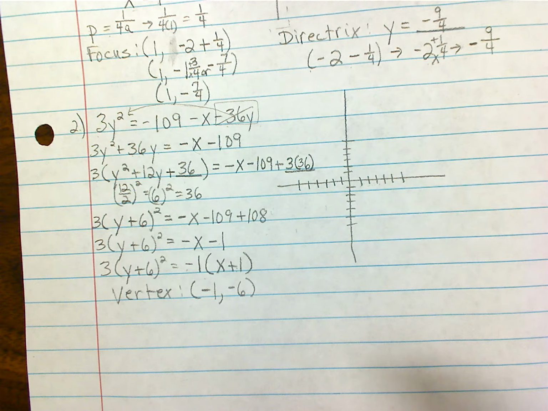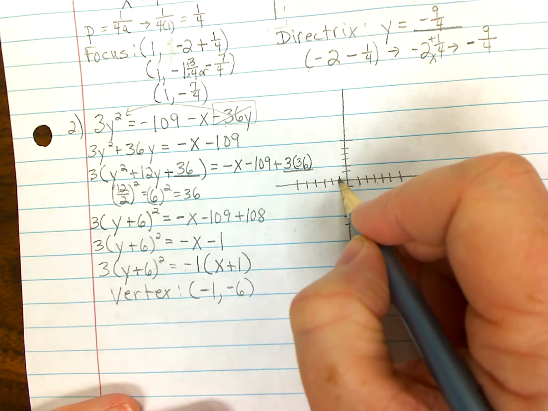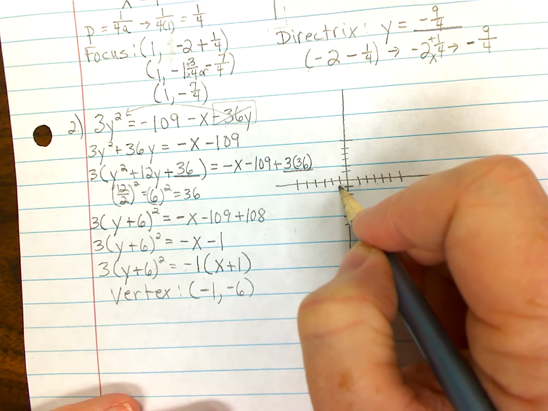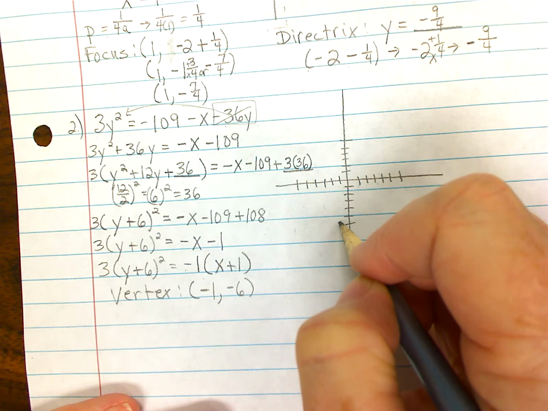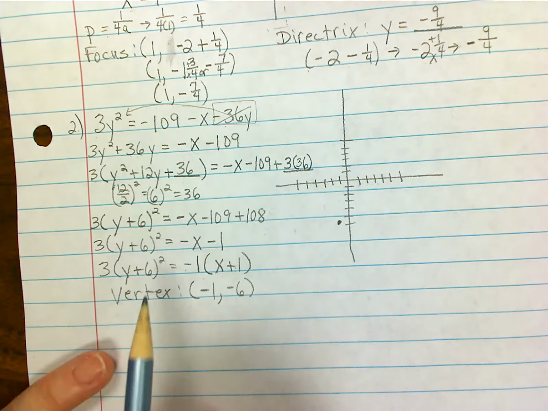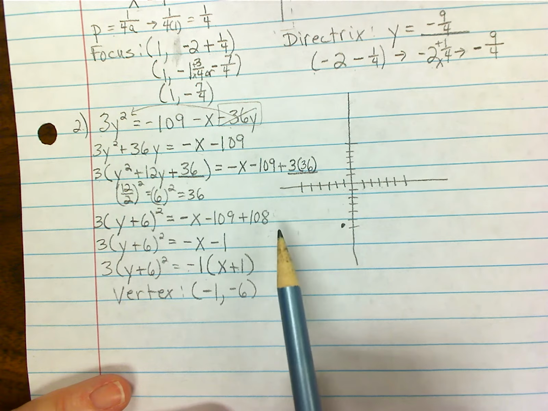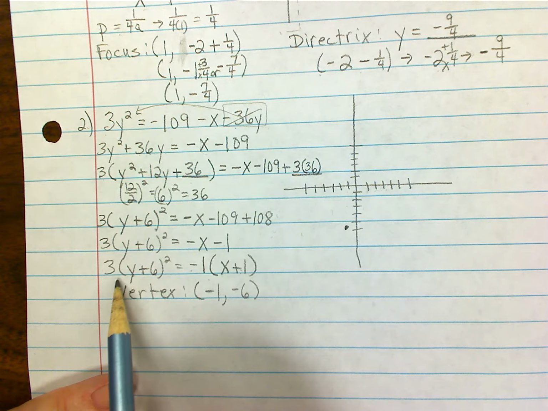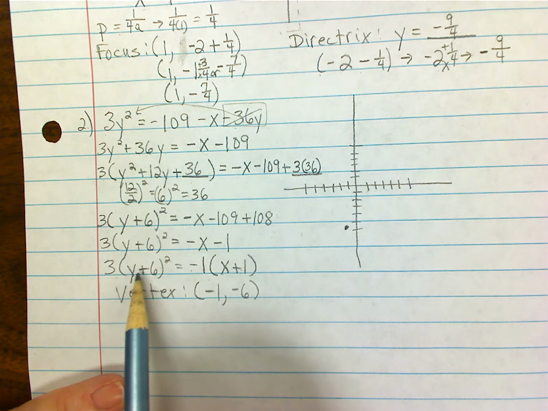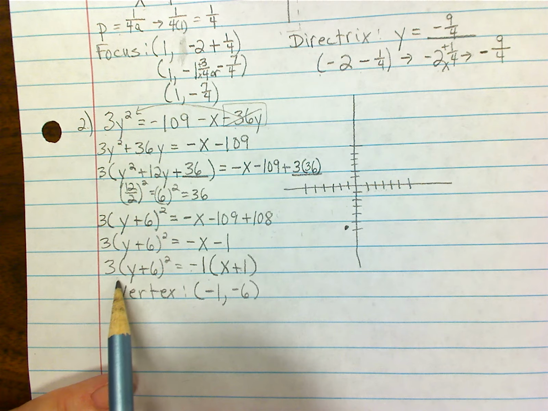So that vertex, you can go ahead and graph that over here. So negative 1 and 1, 2, 3, 4, 5, 6. Negative 1, negative 6. And looking at this, my y is what's squared. So that lets me know it's opening left or right. And this positive coefficient that's in front of my square term lets me know that it opens right.